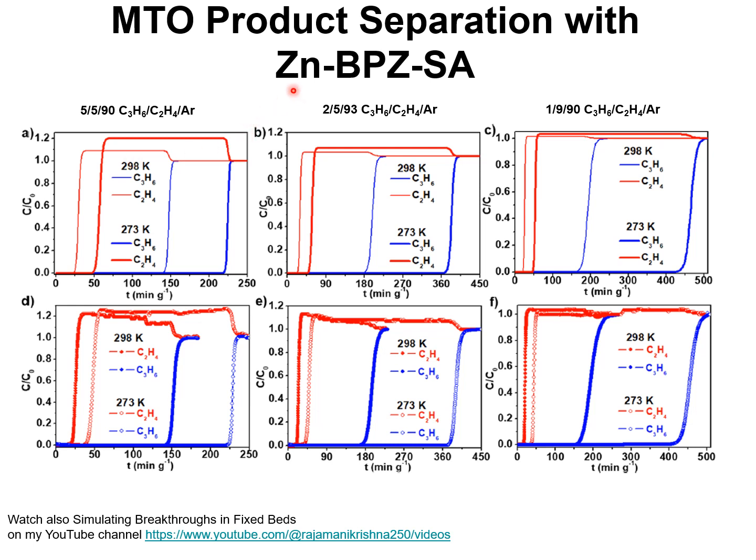To demonstrate the separation potential of the products from the methanol to olefin process using Zn-BPZ-SA, experimental studies were carried out for transient breakthroughs of three different mixture compositions. 5,590 mixtures of propylene, ethylene, and argon, which is inert gas used in the experiments. 2,593 of propylene, ethylene, and argon, and 1,990 of propylene, ethylene, and argon.